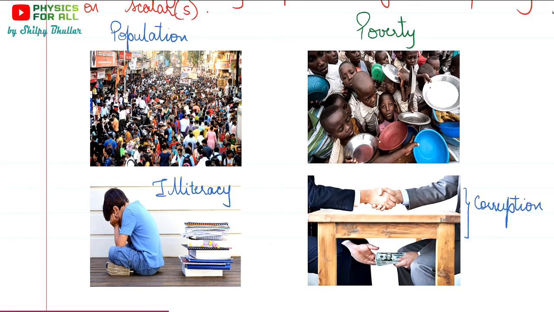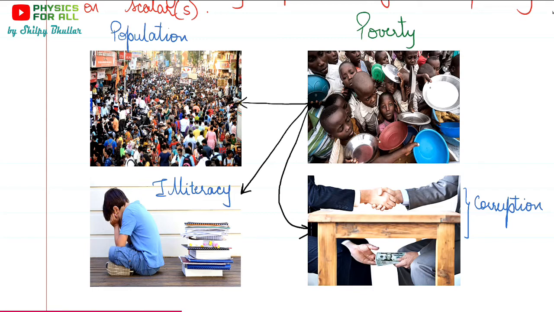We have poverty. But now we are studying that poverty is depending on three variables, three quantities. Those three quantities are population, illiteracy, and corruption. So now we have to study how poverty changes when there is change in population, how poverty changes when there is illiteracy among people, and how poverty is affected when there is corruption in society. Whenever there will be change in any of these three parameters, poverty will be affected.